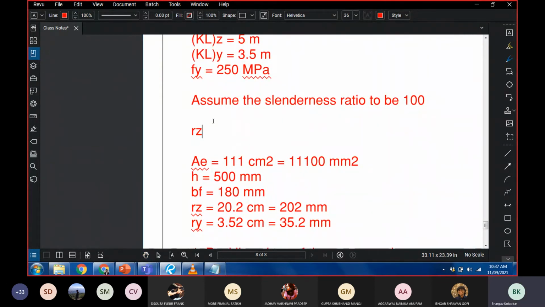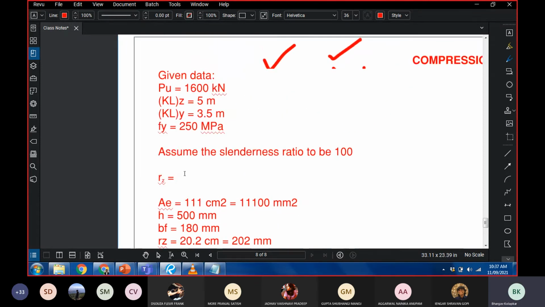Let us say rz, radius of gyration about the z axis. So rz is equal to KLz upon 100. Make sure that you are using consistent units. So 5000 mm divided by 100, which is 50.